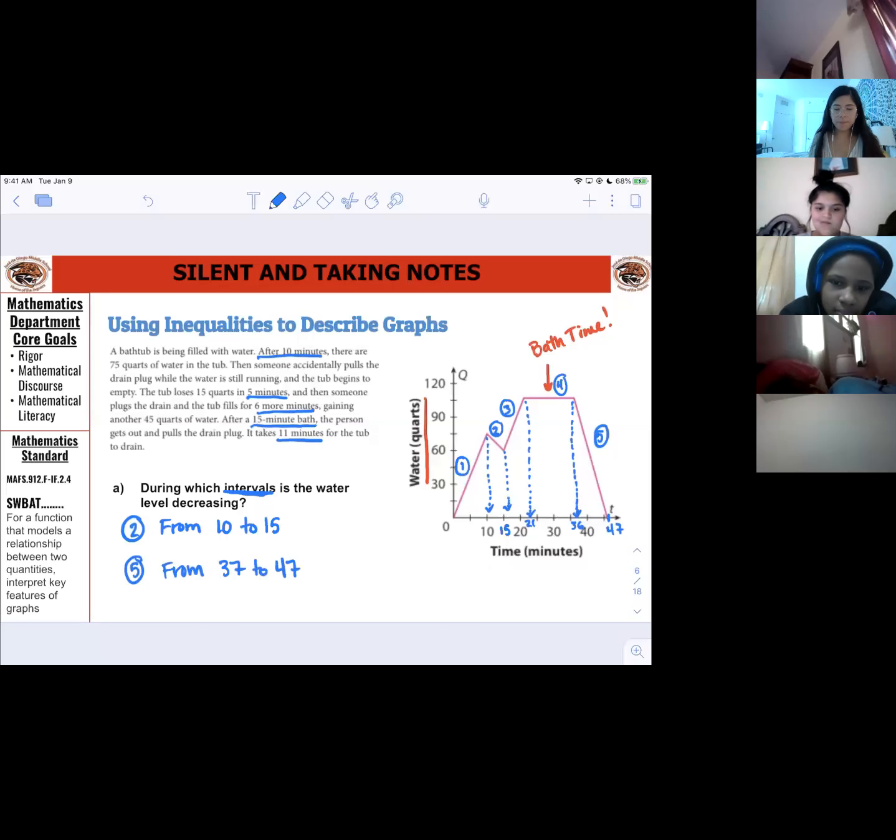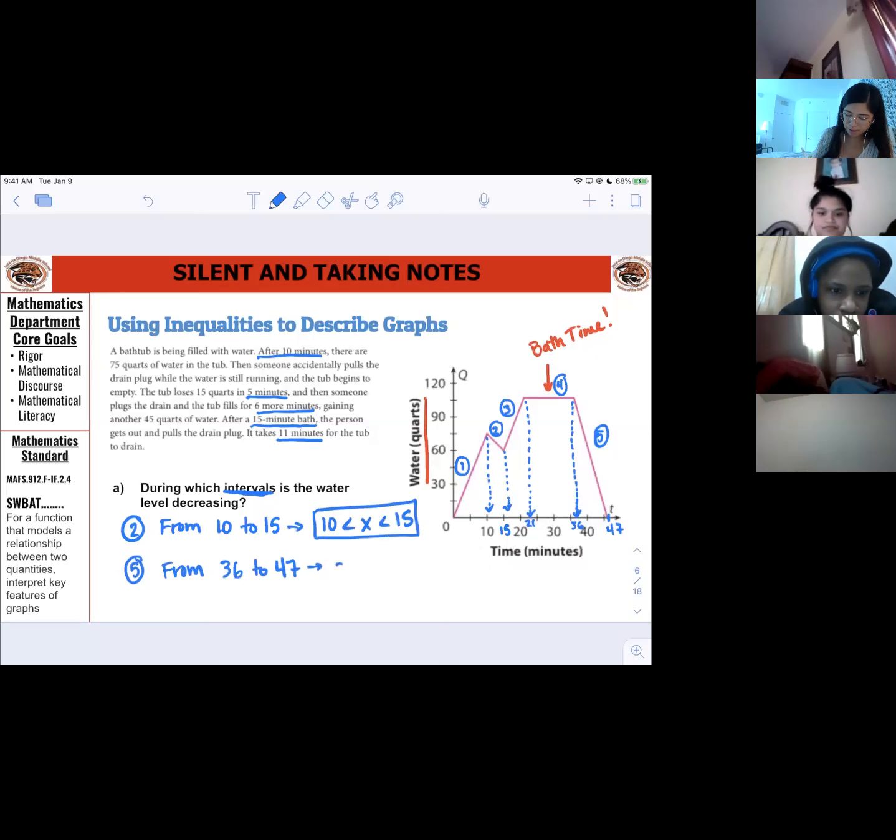Now I'm going to show you how to write this the mathematical way, because on your tests you're not going to write it with words. It's going to look like this. Segment number 2 looks like this.